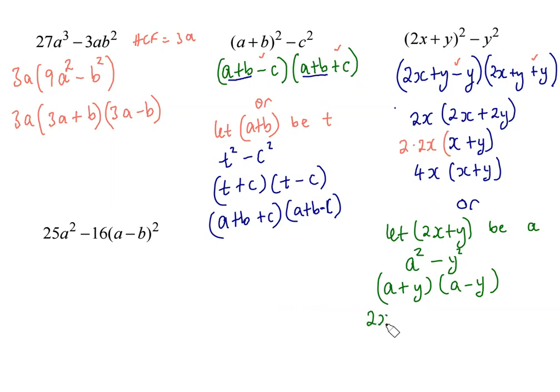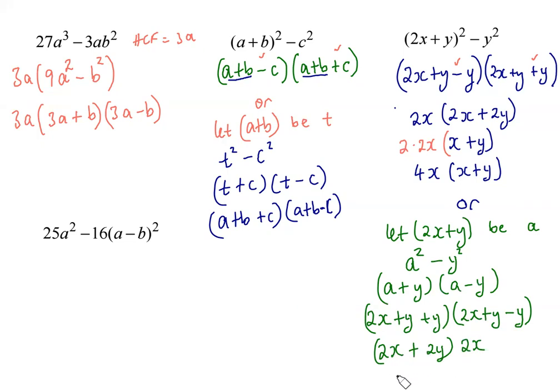It's going to be 2x plus y plus y and 2x plus y minus y. Then in this case, we're going to get a 0 there. Then here we're going to get 2x plus 2y, times your 2x. Then here we factor out the 2. The 2 here is going to be multiplied with the 2, then it's going to give us 4x in bracket, x plus y. That's our final answer then.